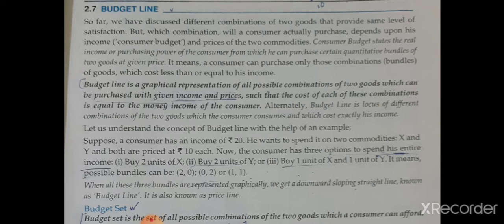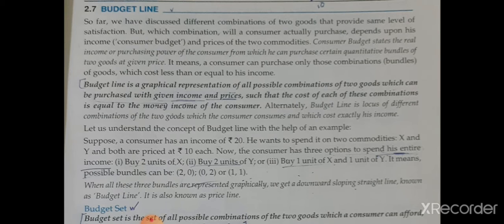Alternately, budget line is the locus of different combinations of the two goods which the consumer consumes and which cost exactly his income.